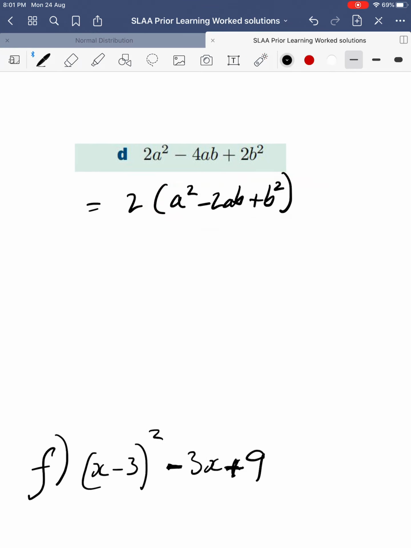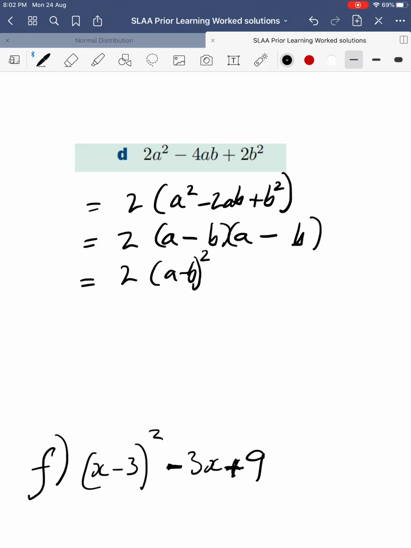But this is actually just in a sense a disguised quadratic, because we can do it in two brackets, a times a here, b times b here. If we put a negative here and a negative here, then we can rewrite it as 2 times a minus b all squared. Now you can convince yourself with the expansion, because if you actually expand this, a squared, a times negative b, negative b times a, which is the same as a times b, they're both negative, so that would give negative 2ab, and then negative times negative is positive b squared.